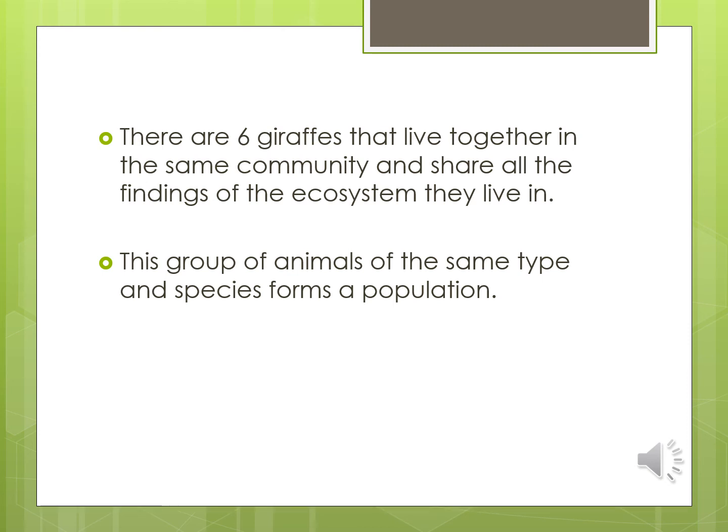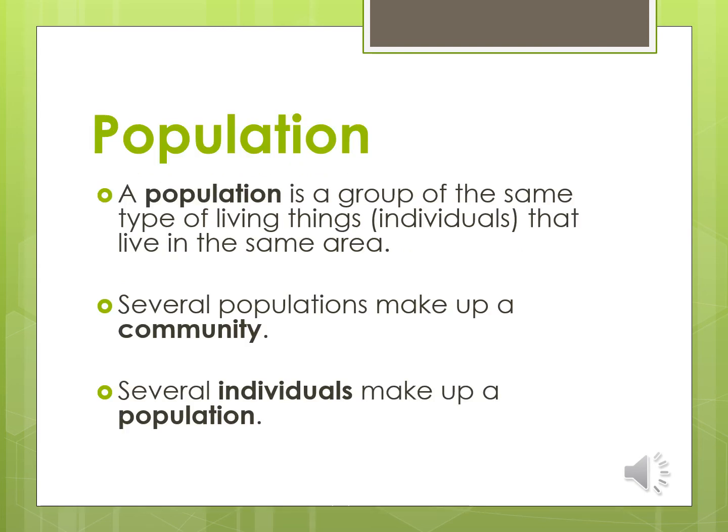This group of animals of the same type and species forms a population. Then let's sum up. A population is a group of the same type of living things or individuals that live in the same area. Several populations make up a community, and several individuals make up a population.